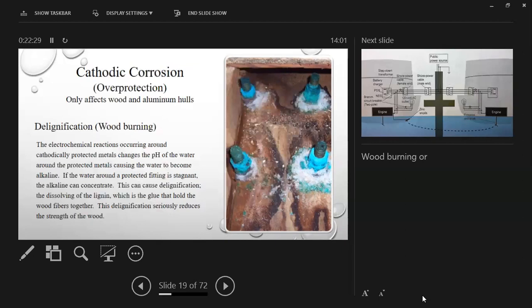So if you overprotect wood, especially in a stagnant water environment, you'll get a strong alkaline mixture around the protected wood, the cathode, and that will start to eat up the lignin in the wood that holds everything together, and you get fuzzy wood. Usually it'll be visible on the inside of the hull. You get fuzzy wood, or what's called wood burning. We'll talk a little bit more about that later.